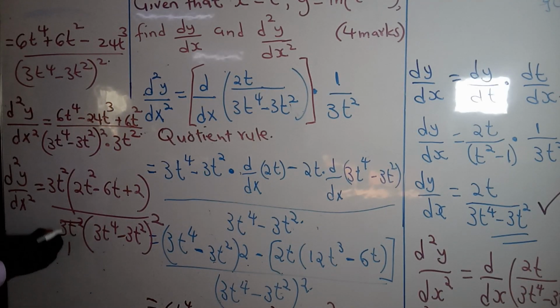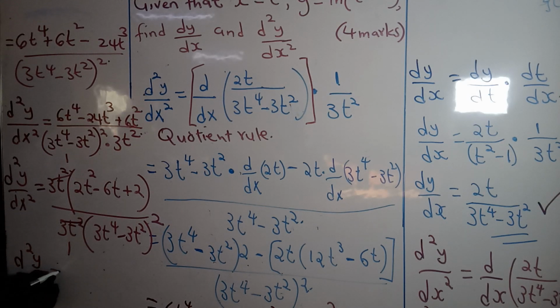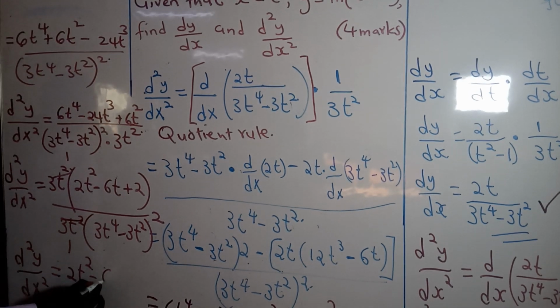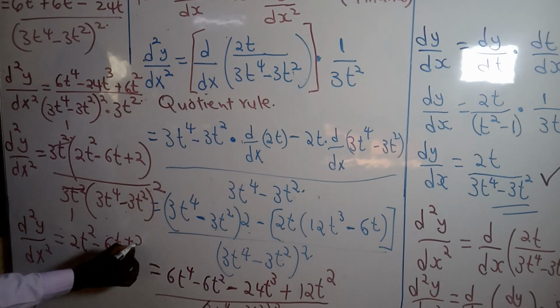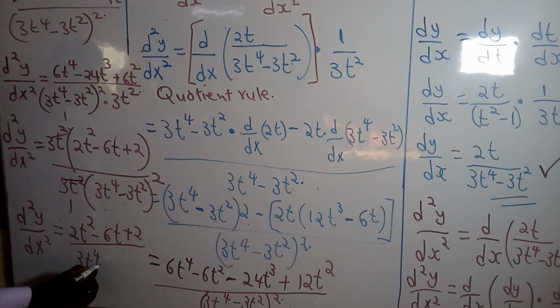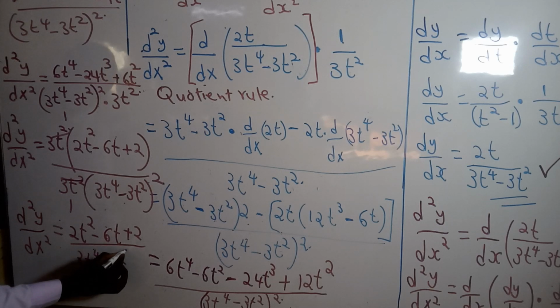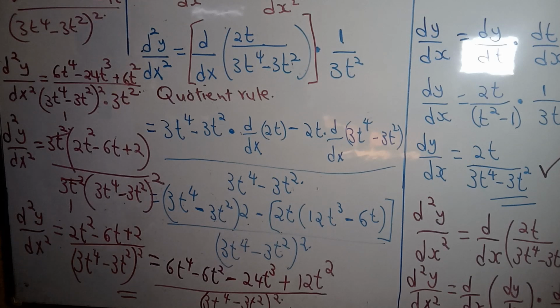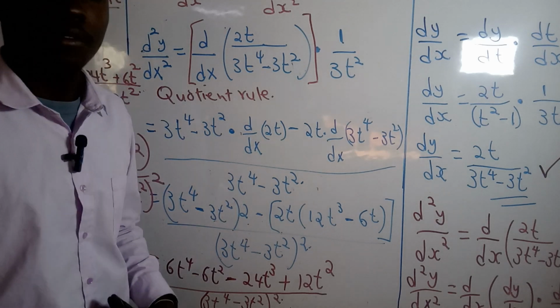This one will cancel with that, and we are going to be left with d squared y over dx squared is equal to 2t squared minus 6t plus 2 over 3t to the power 4 minus 3t squared. And that is our second derivative.